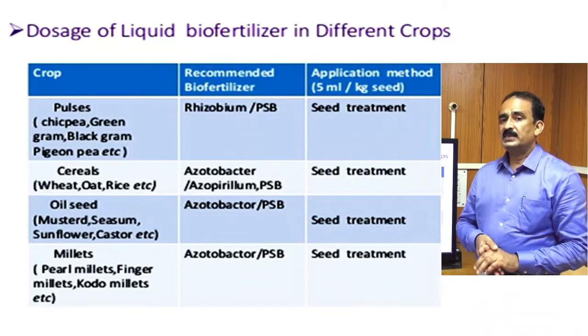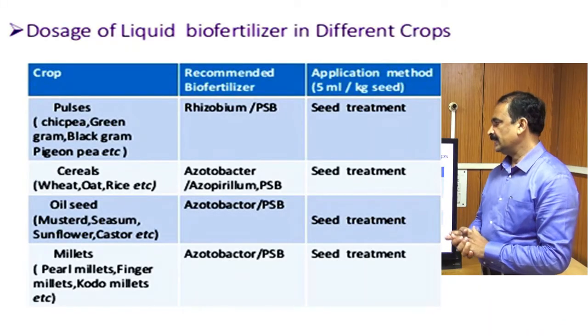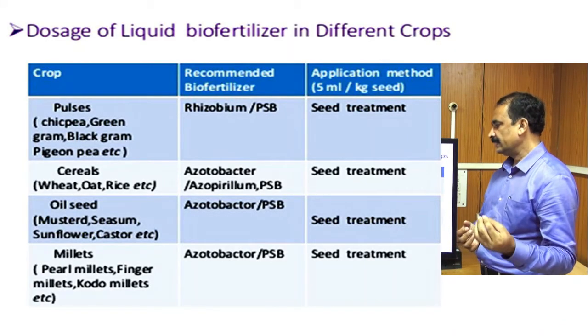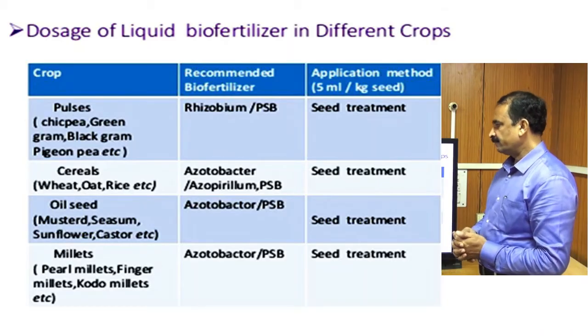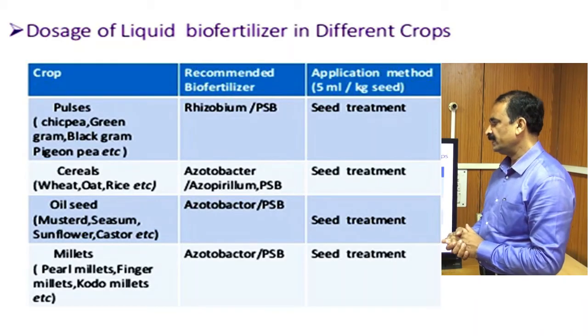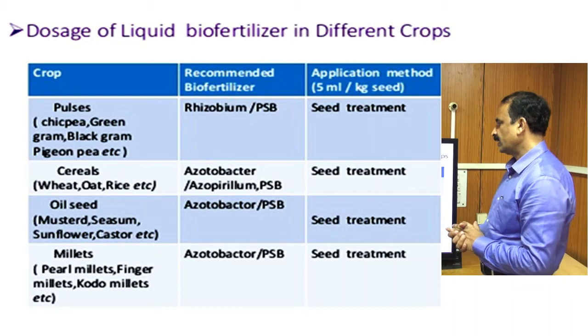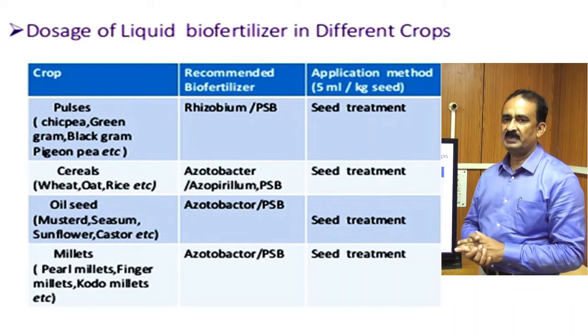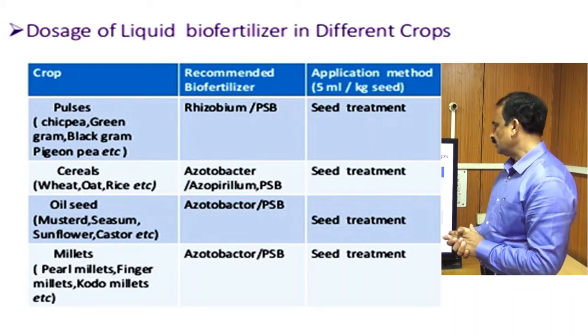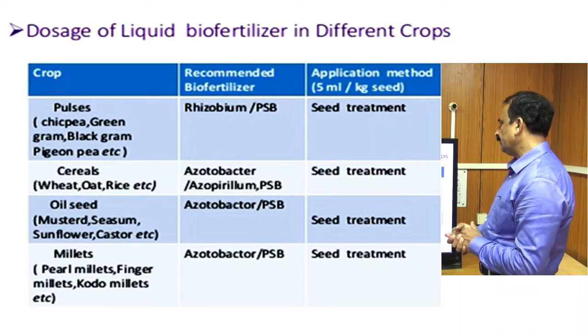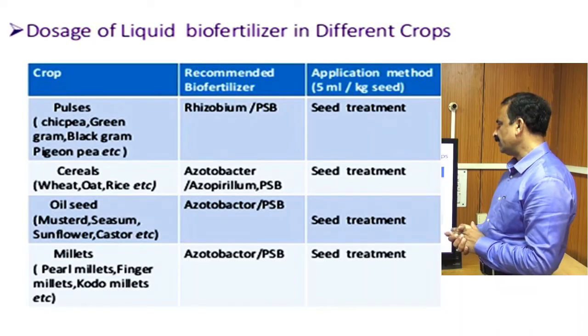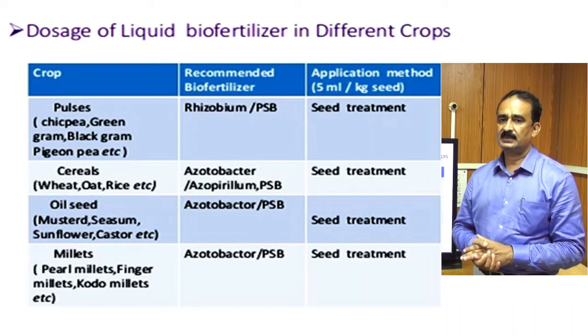Then what are the doses of the liquid biofertilizer for pulses, cereals, etc.? In the case of pulses like green gram, chickpea, black gram, pigeon pea, if you are going to use Rhizobium, PSB or Azotobacter, the application rate is 5 ml per kg of seed.